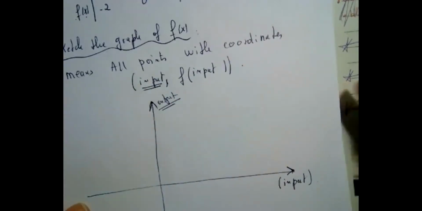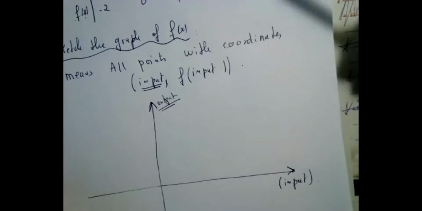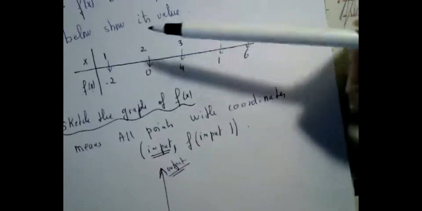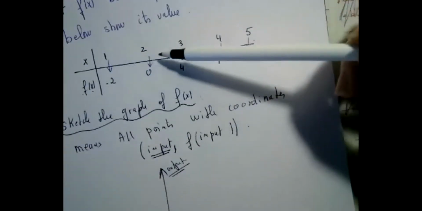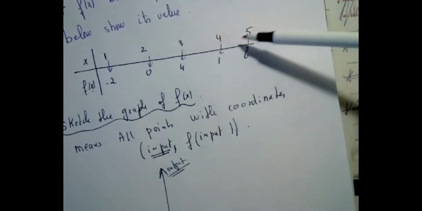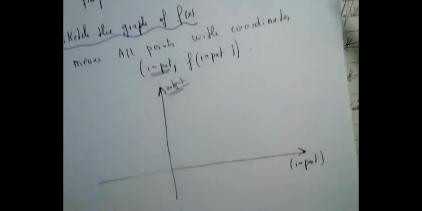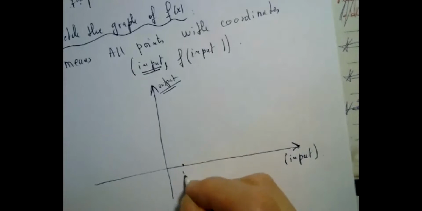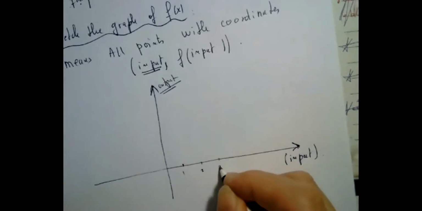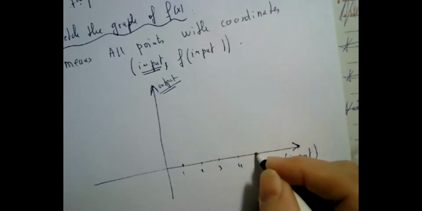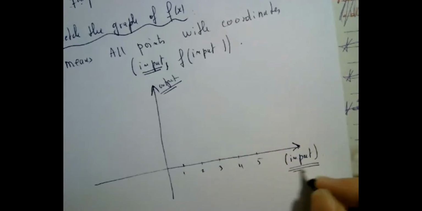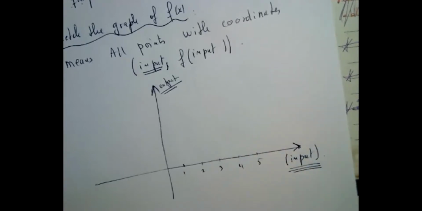Crucial. What are my input values in this problem? I gave a very simple problem. The input values are 1, 2, 3, 4, and 5. So right here, we're going to put 1, 2, 3, 4, 5. Always the input on the horizontal axis.